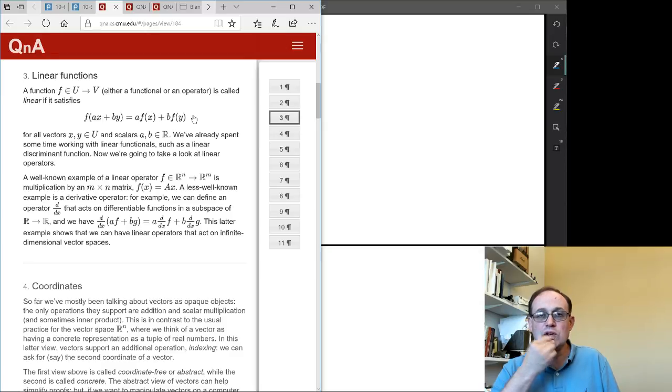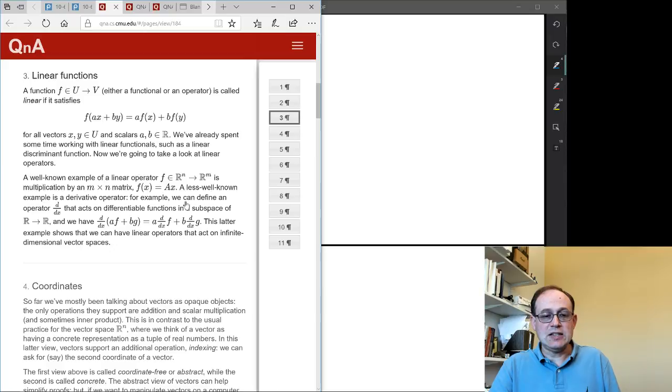There are a few well-known examples. Linearity is really useful because it helps you work with expressions involving functions, so it's good to have some examples in mind. One example is multiplication by a matrix. If you have f of x equals A times x, then f of ax plus by is A times (ax plus by), and you can pull out the scalar multiplication and the addition through your matrix multiplication.